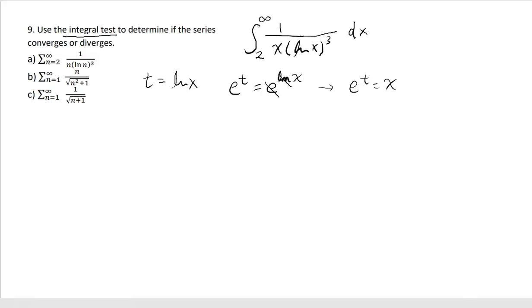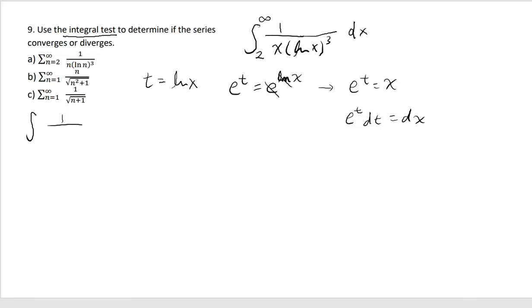Then if you differentiate, it's easier to differentiate here. If you differentiate e^t, it's e^t, so e^t dt is dx. Okay, using this we can compute the indefinite integral. Let's worry about the definite integral later. We'll just play with the indefinite integral.